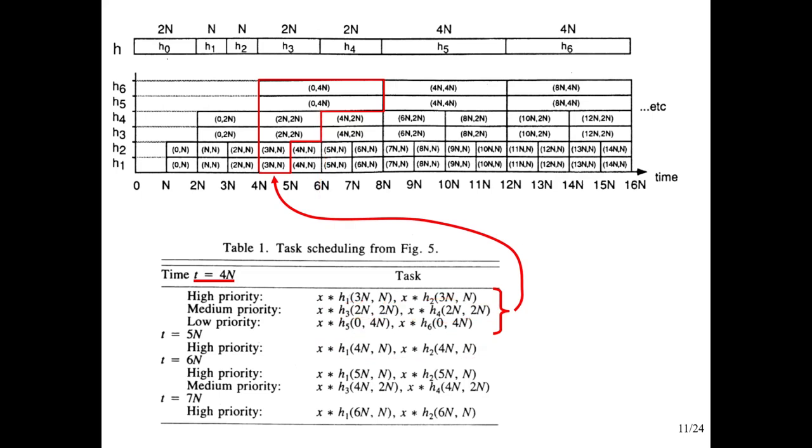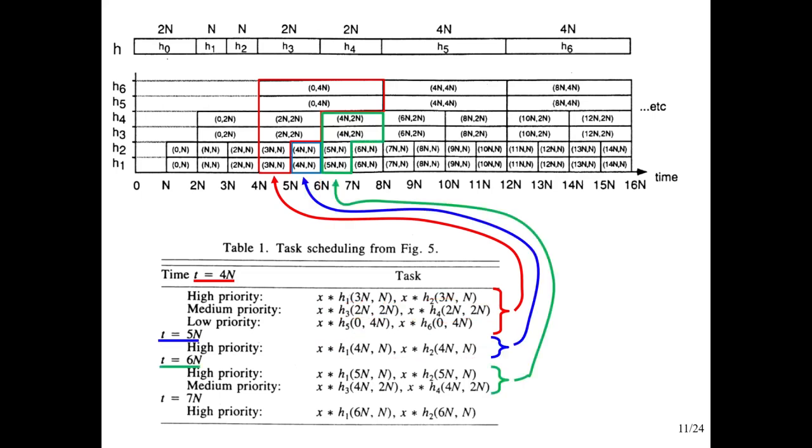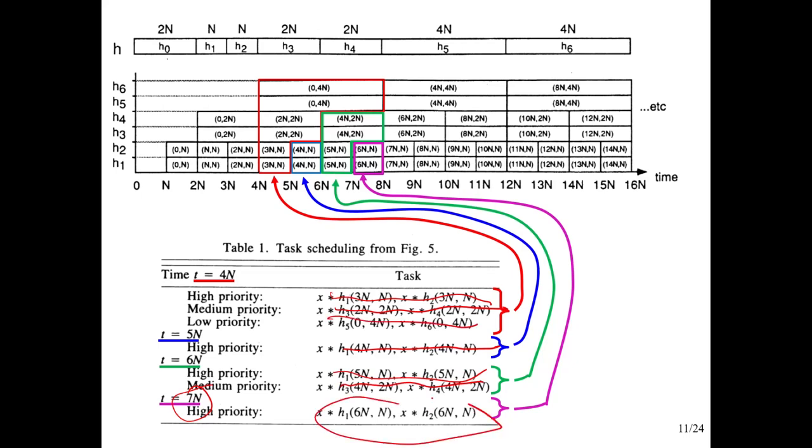So this becomes a very complicated thing, and I've just shown you what color-coded things I have to work on. And so at that point, by the time I get to 7, this should be done, this should be done, this should be done, all of these should be done, these should be done, and I'm left with those.